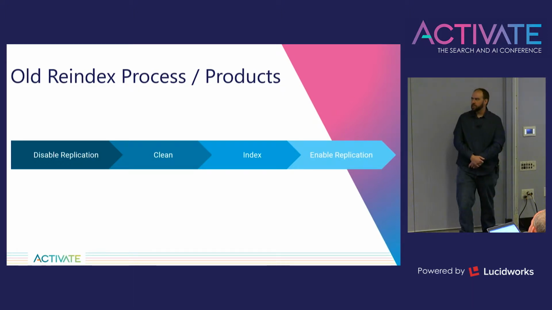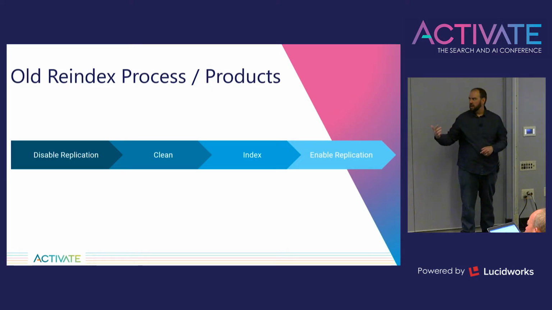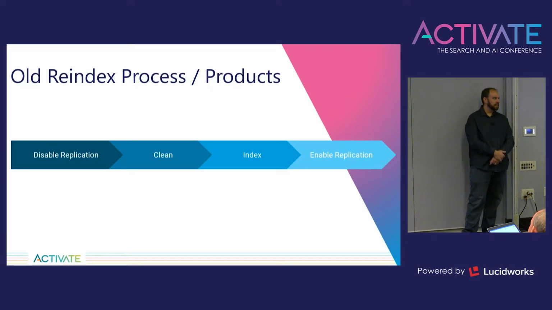So our original process was that we would disable replication, clean the collection, index it, and then if that was successful, with retries baked in should it fail for some reason, we then enabled replication, and this prevented us from ever serving a partial index as search results. The problem was when we went to SolrCloud, we no longer had replication to disable.